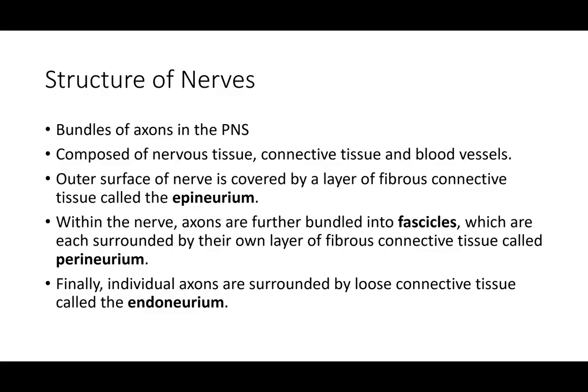Inside of the nerve, the axons are bundled together in fascicles. So this is very similar to how our skeletal muscles are arranged, where we have those fascicles as well. And each of these fascicles are surrounded by their own layer of connective tissue called the perineurium. And then individual axons themselves are surrounded by very loose connective tissue called the endoneurium.